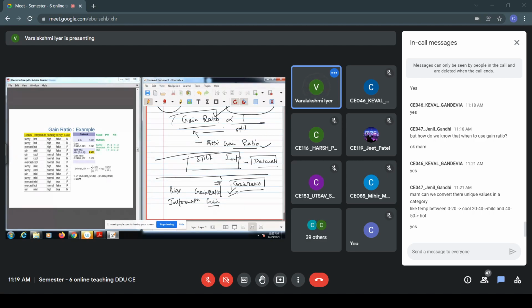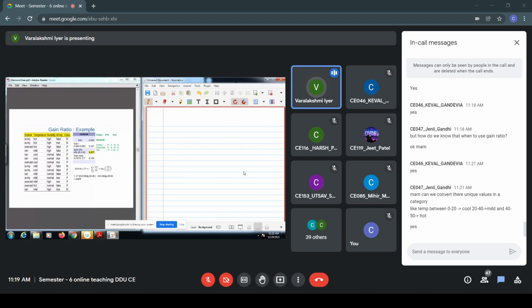Yes. Okay. All right. Let us see the formula for the splitting information. The formula is here: minus sigma i equals 1 to v of dj upon d, times log 2 of dj upon d.